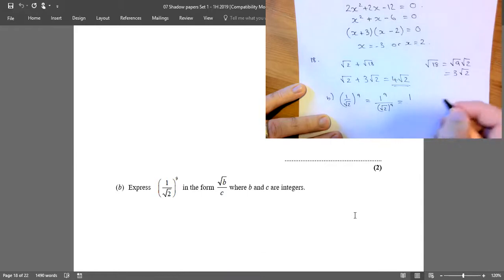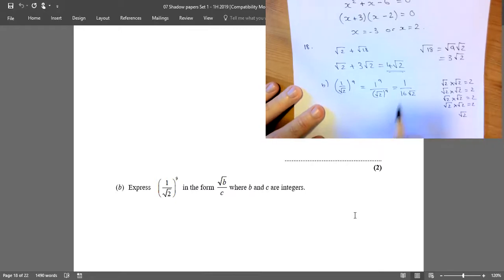For the denominator, root 2 times root 2 is 2, and again, root 2 times root 2 is 2, and I've got a root 2 left over. So I've got 2 times 2 times 2 times 2: 2, 4, 8, 16. 16 root 2.